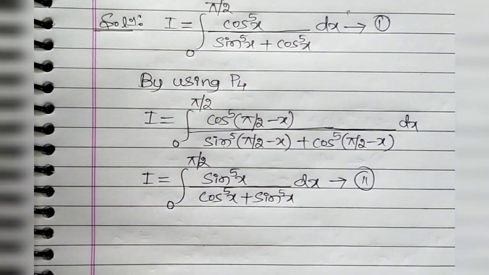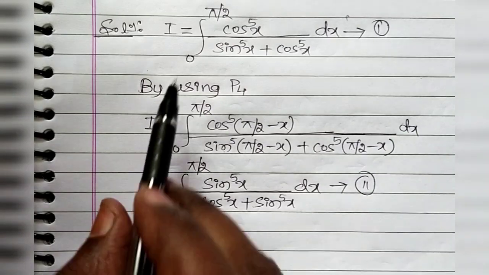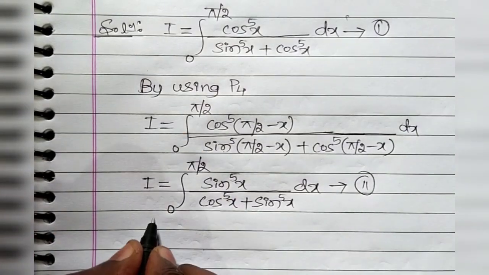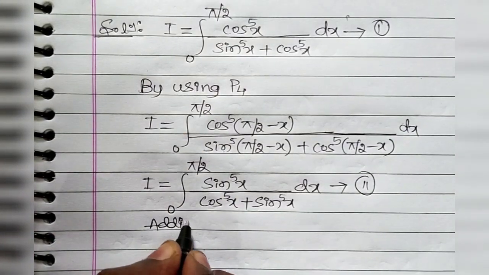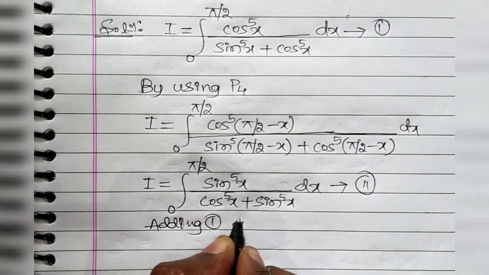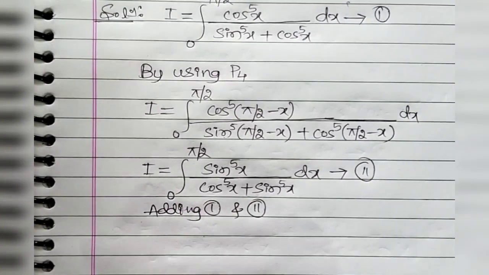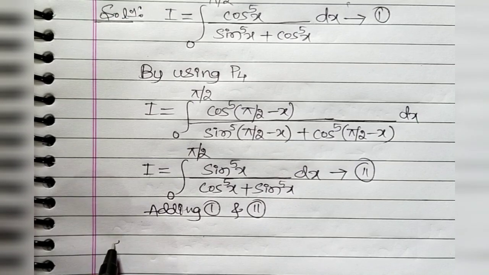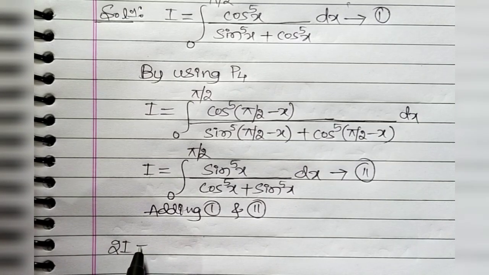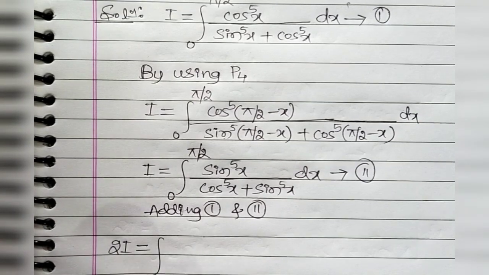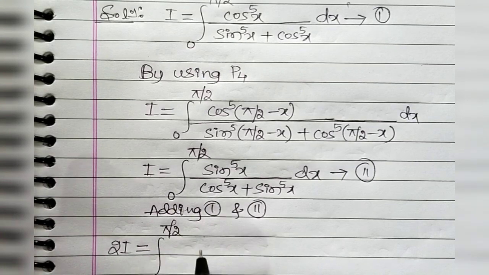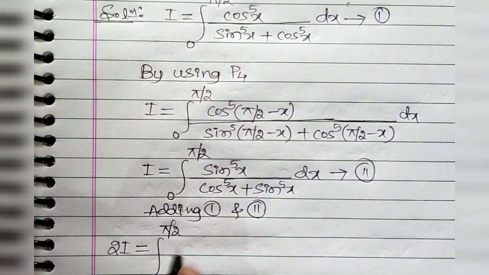Now we have to add 1 and 2. I plus I will give us 2I. Adding 1 and 2, 2I is equal to the integral from 0 to pi by 2. Then write this term now, equation 1.